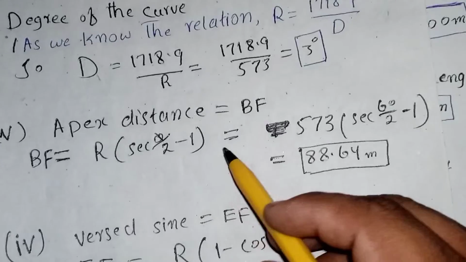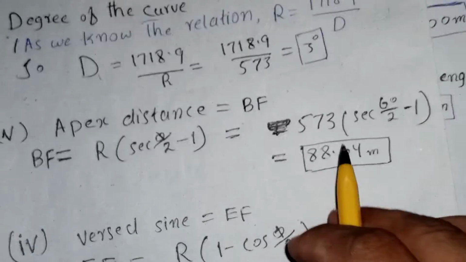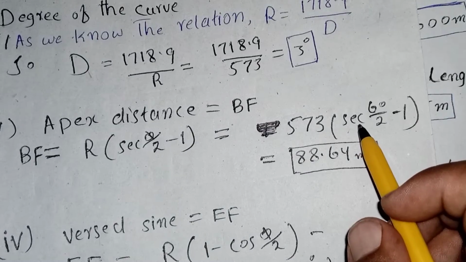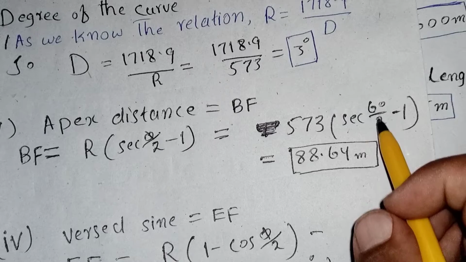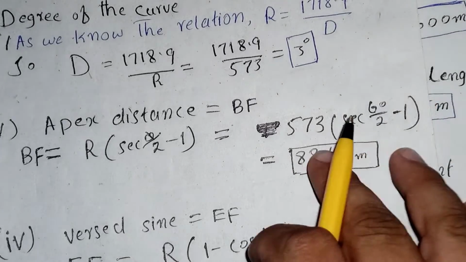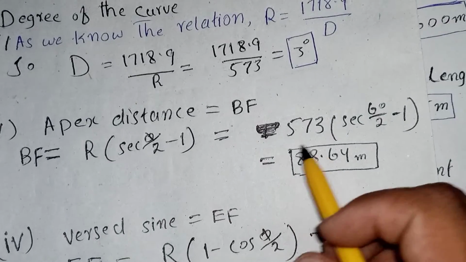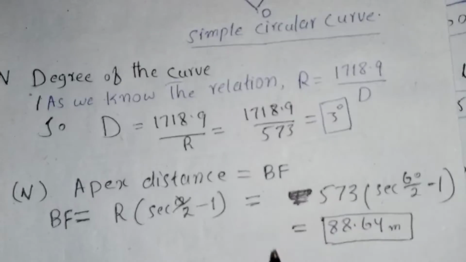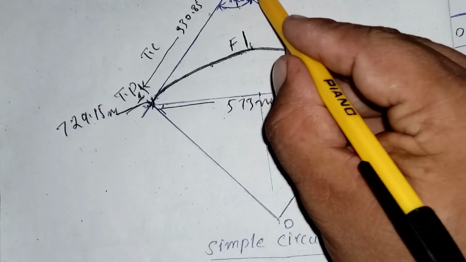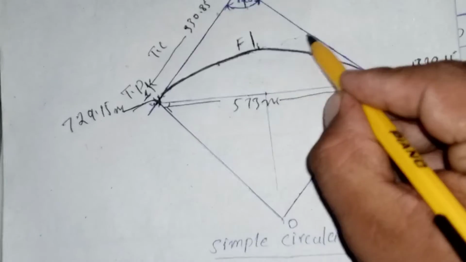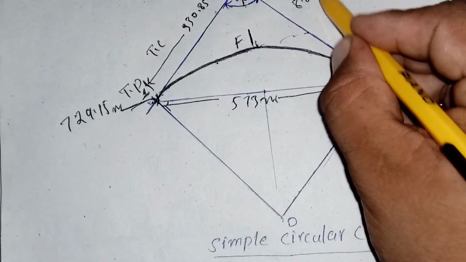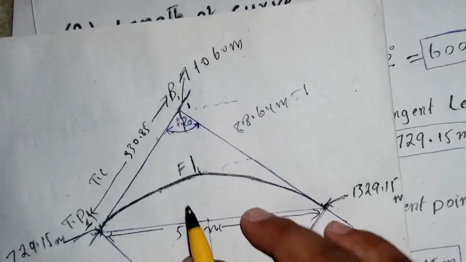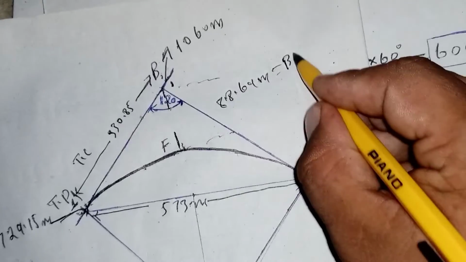So r is 573 meter, and theta, the deflection angle, is 60 degree. So BF is equal to 88.64 meter.